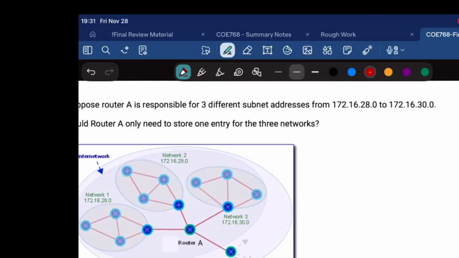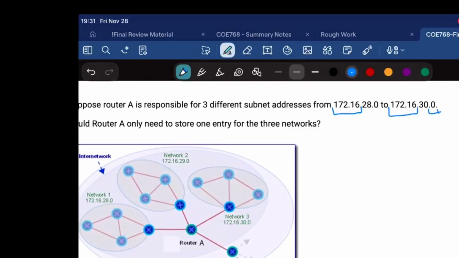So quickly converting just what we know is different. We know this first part is the same between all 3 of the networks that we have, and the last part is also the same. What we need to check for is just going to be this middle bit for all 3. So 28, 29, 30.